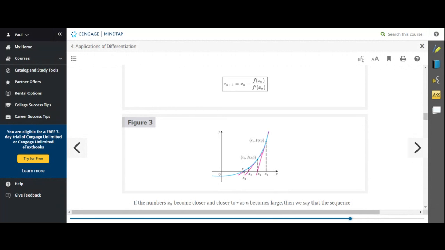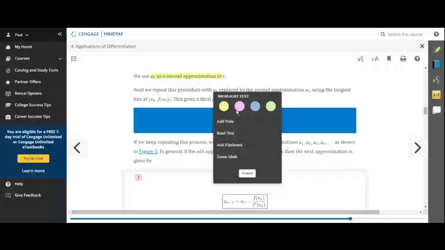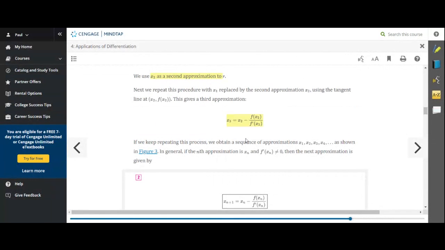And x3 is a better approximation to the root r. Incidentally, we would estimate x3 by taking x2 minus the quotient of f of x2 and the derivative of x2.